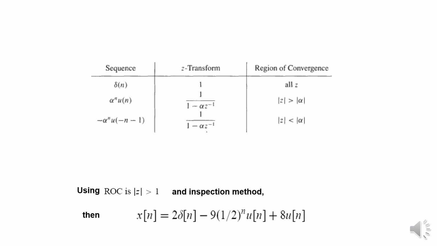So therefore, draw the region of convergence and find the inverse Z transform one by one. That means find the inverse transform of the first term, then the second term, then the third term, then add them together by considering the ROC. Then you can find the final x[n] value.